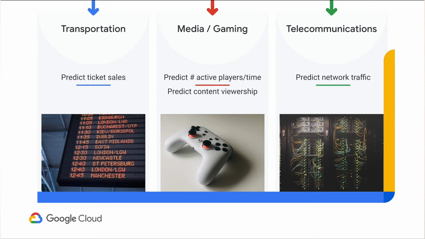Think of transportation, trying to anticipate the number of ticket sales, or media, gaming, and telecommunications, where you could have lots of users or players or simply people using your service heavily at certain points of time during the day and maybe less so during other times.